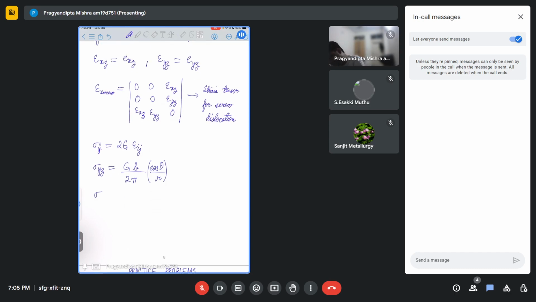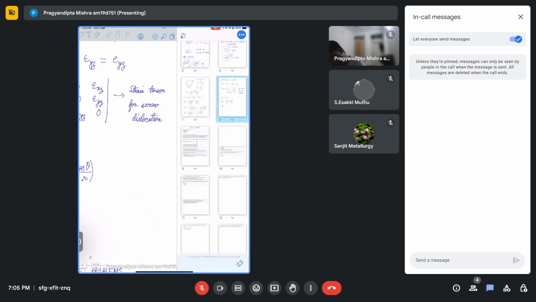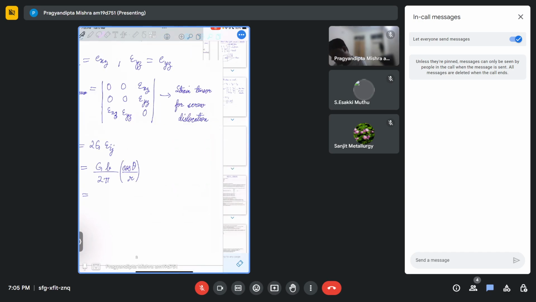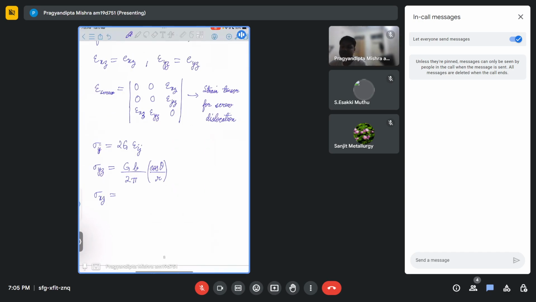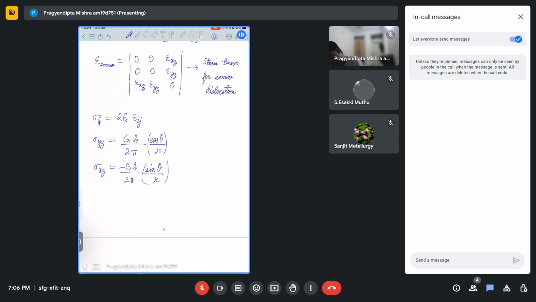And sigma xz will be equal to minus gb by 2 pi sin theta. And our shear stress matrix will look the same as the strain matrix.